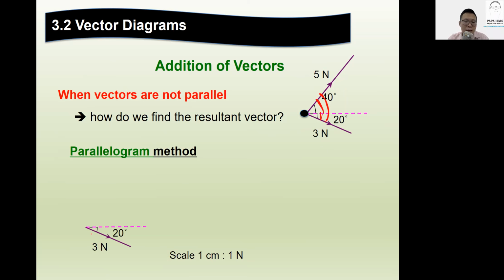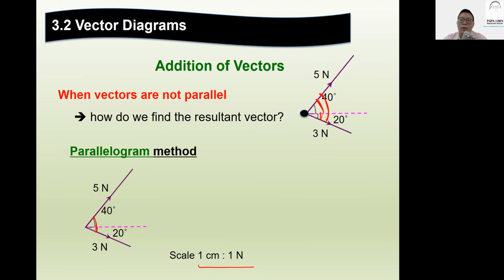So I draw another 40 degrees to make sure it's 60 degrees here, just like in the picture. Then I see a 5 Newton force 60 degrees away, so 5 Newton is 5 cm. So this is what I have.